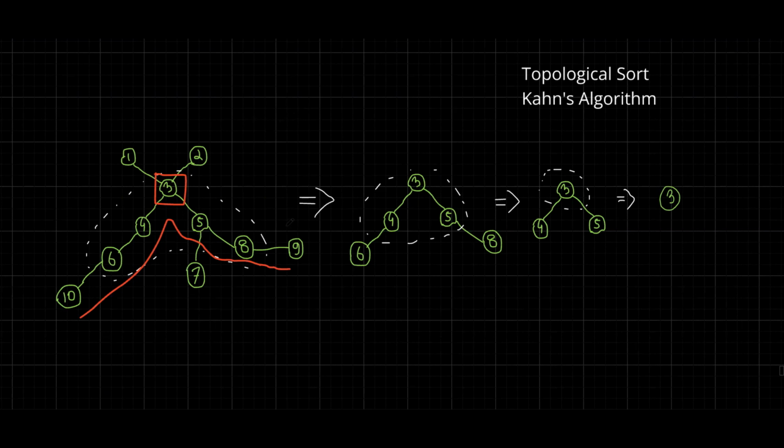Suppose if we make this 9 as the root of the tree, so here the height will be this long path, which is the maximum. But if we make the root 3, the height will be the minimum, which is only 3.